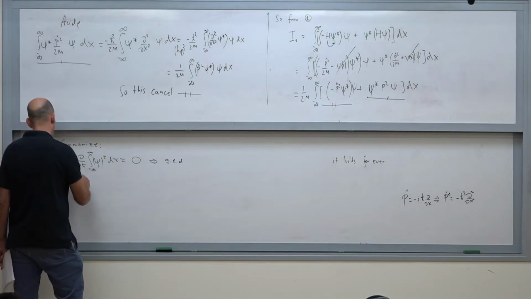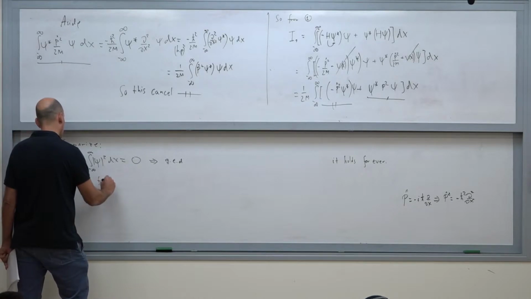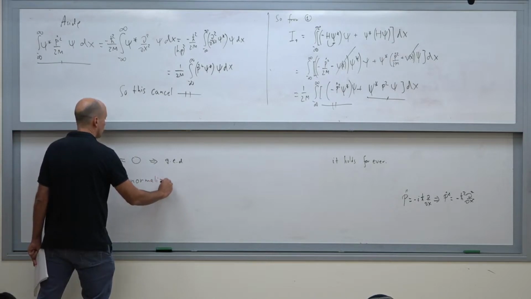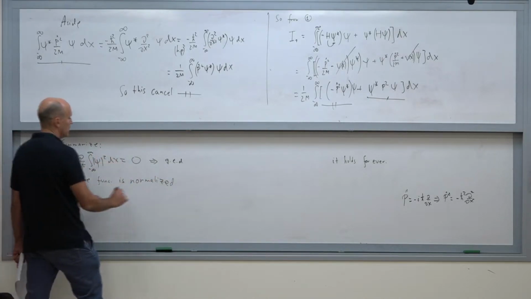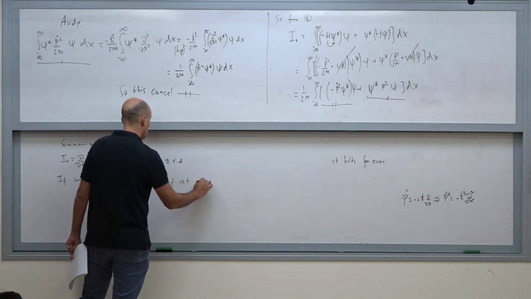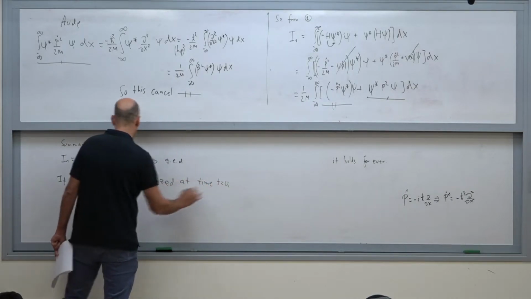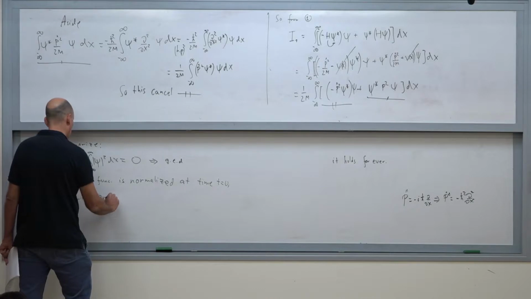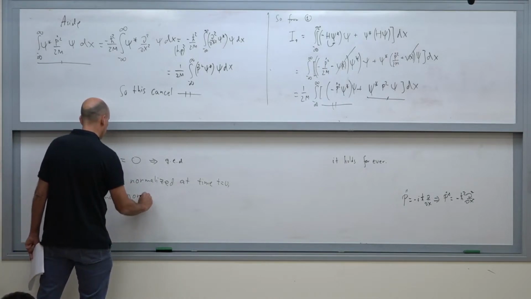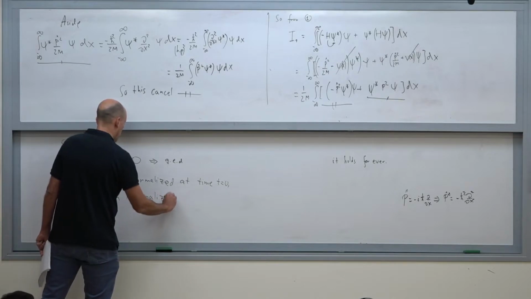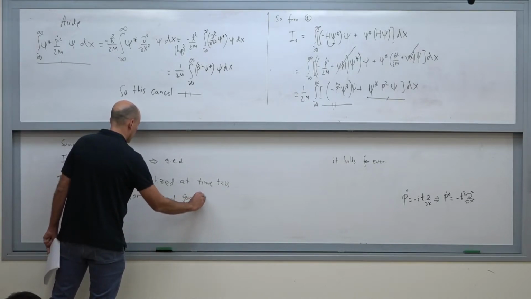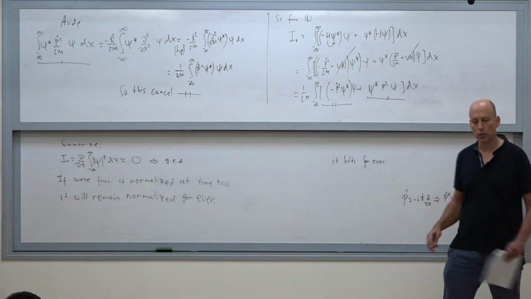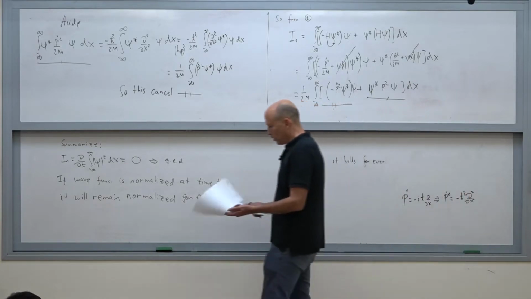If the wave function is normalized, I mean normalized to unity, that the integral over this thing is 1, at time t equals 0, it will remain normalized forever. This is called conservation of normalization, conservation of probability, whatever you want to call it.